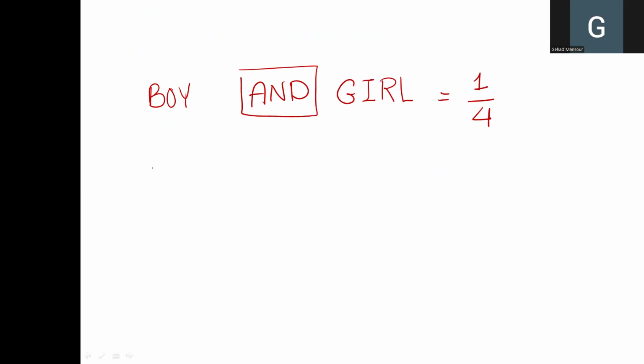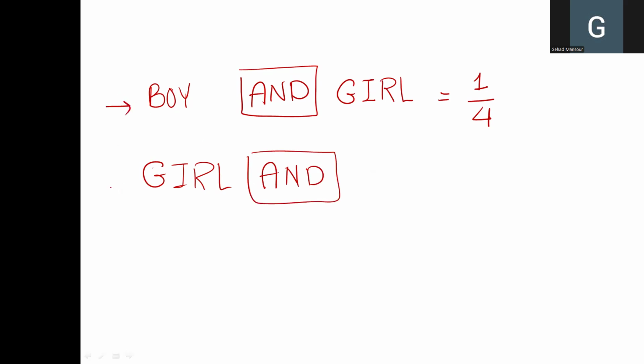The probability of having a girl and a boy, the order makes no difference for each statement separately, and a girl and a boy is again 1/4. I repeat, the order makes no difference for each statement separately.